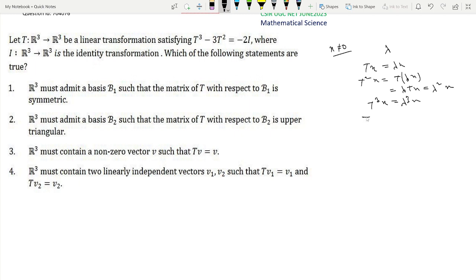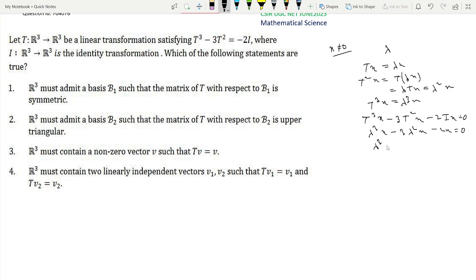then actually we get T cube x minus 3T square x minus 2I x equal to 0. That means we get lambda cube x minus 3 lambda square x minus 2x equal to 0.